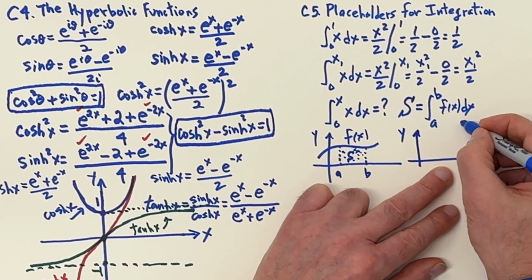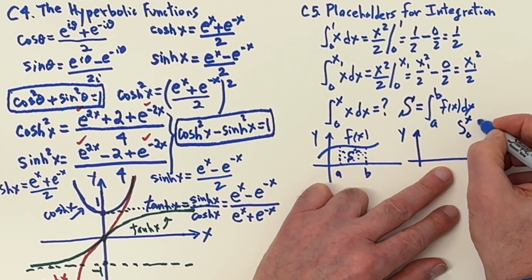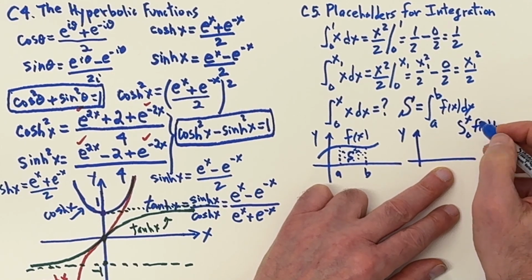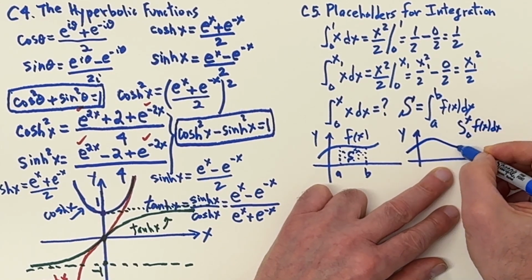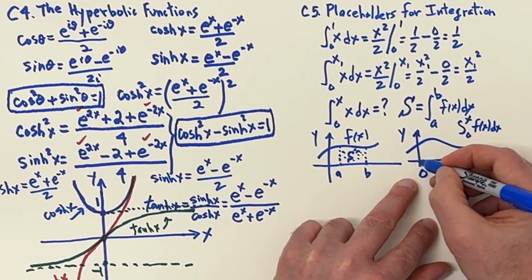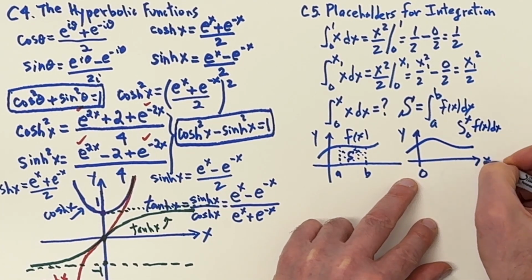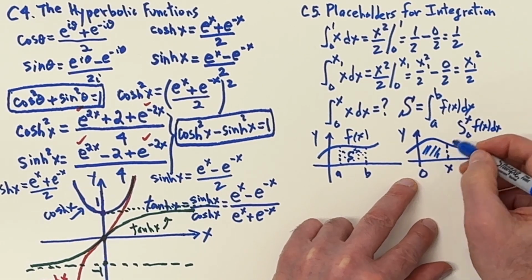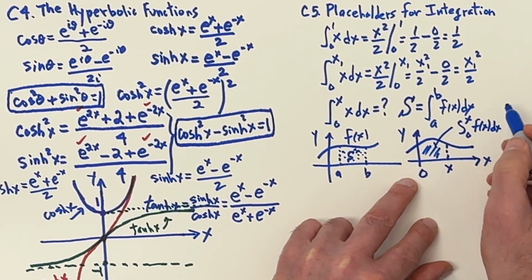They like to go from 0 to x of f of x dx and not worry about making this a different variable. So in other words, what they're saying is, we're going to go from 0, and we're going to stop, that's the x-axis, at some arbitrary x here, and we want this area. That's what we're interested in.